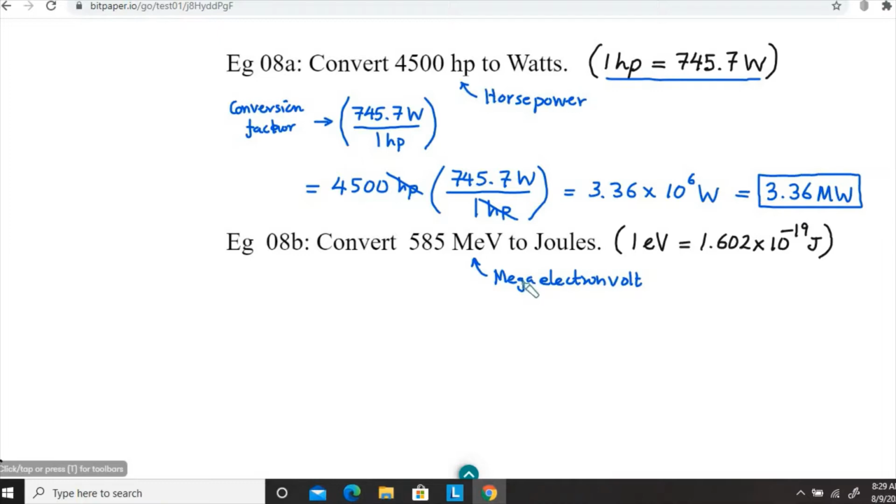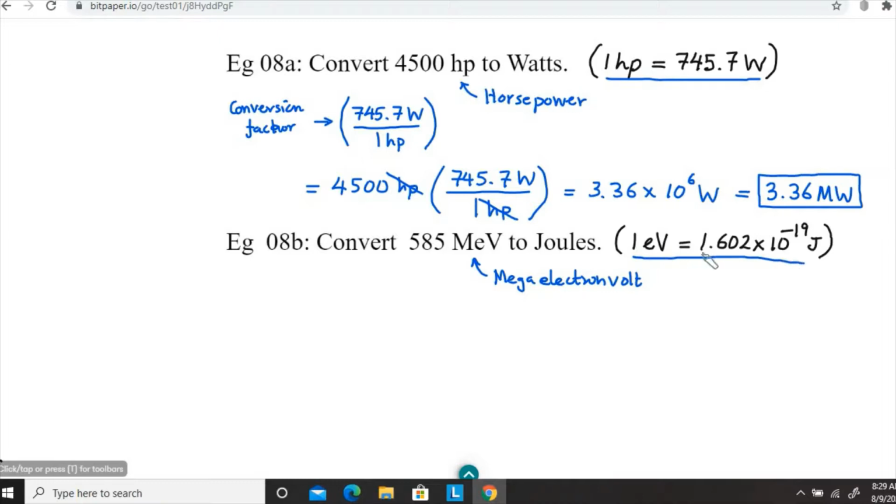Especially when we are doing electricity and magnetism, we will give, for example, energy of charged particles, like energy of electrons that are moving, energy of protons that are moving. We will give those energies in mega electron volts, which is a non-SI unit. So we sometimes have to convert that non-SI value to an SI unit value. So then we have to use this relationship.